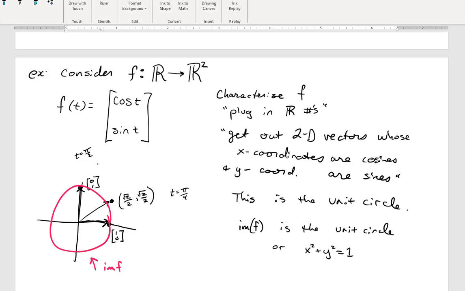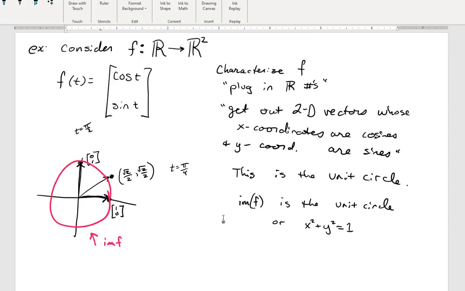So if we wrote that as a set, I don't want to write it as a set. I'm trying to make a mountain out of a molehill. It's a unit circle.